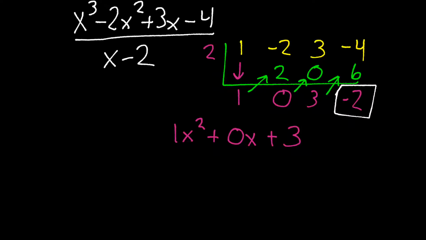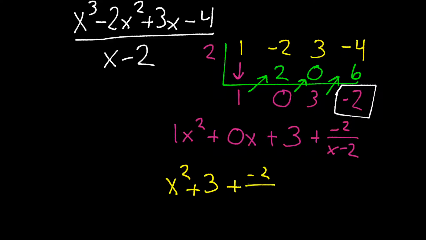And then we have our remainder, which is plus negative 2 over the original denominator, which is x minus 2. And we can simplify this down so that we get rid of that 0x, since it doesn't need to be there. And we end up with a final answer of x squared plus 3 plus negative 2 over x minus 2.